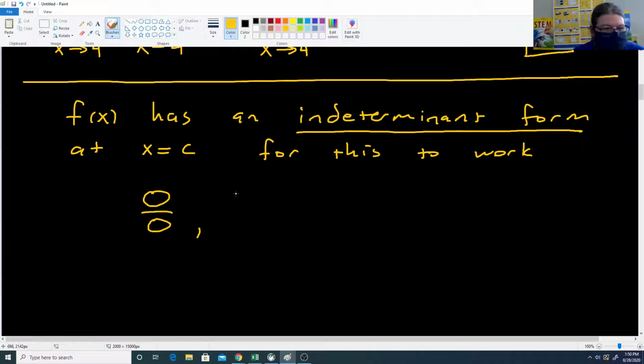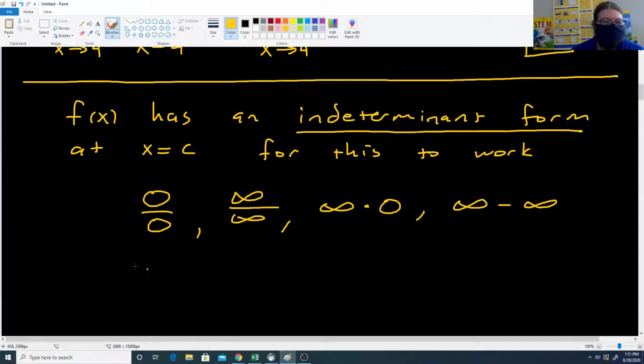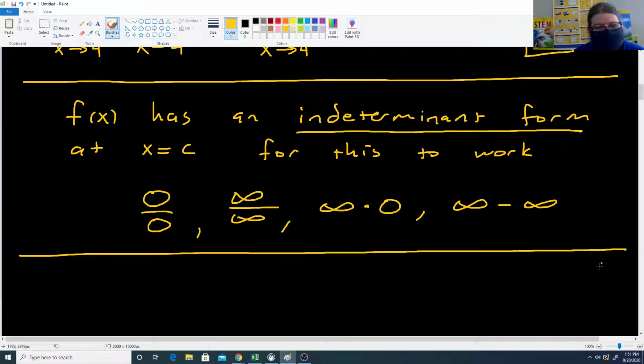You can try these sorts of things if you're in forms of infinity over infinity, infinity times 0, or infinity minus infinity. All of these indeterminate forms will lead to cases where sometimes we can use this cancel trick and get it to coincide with something that is continuous everywhere except for the value, and then we can use the continuous function to figure out what the limit is.